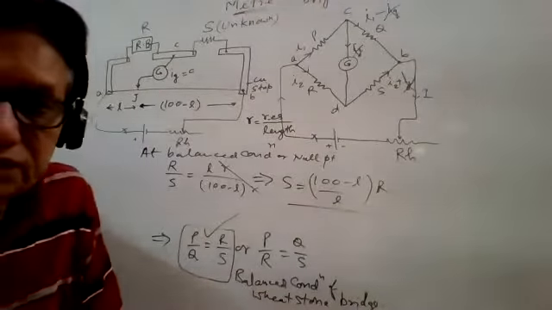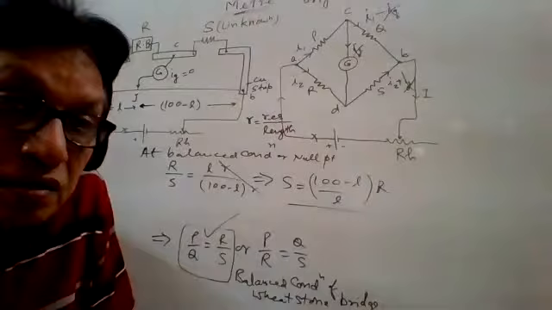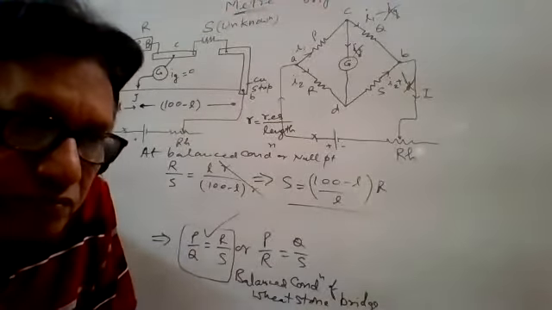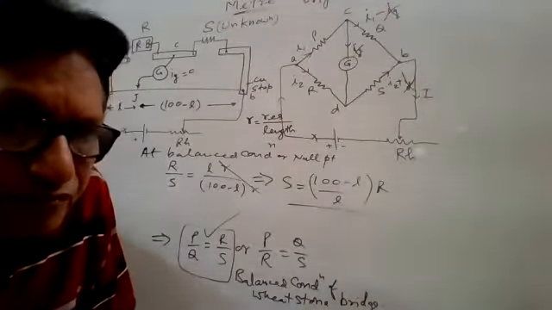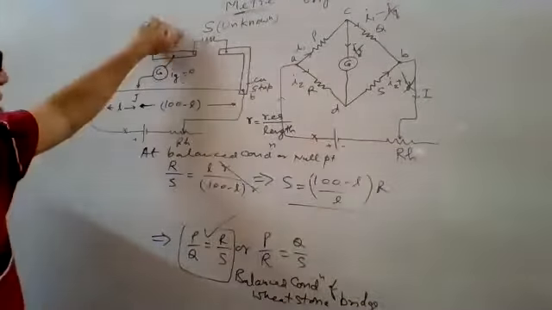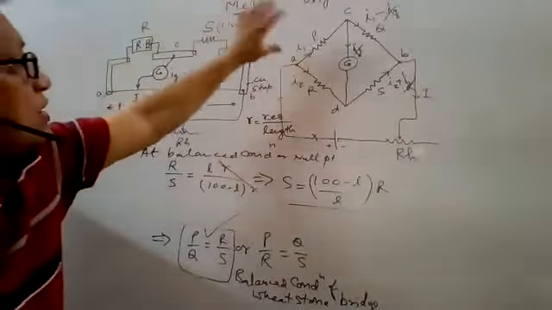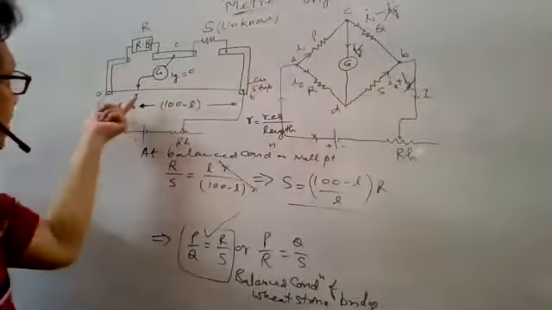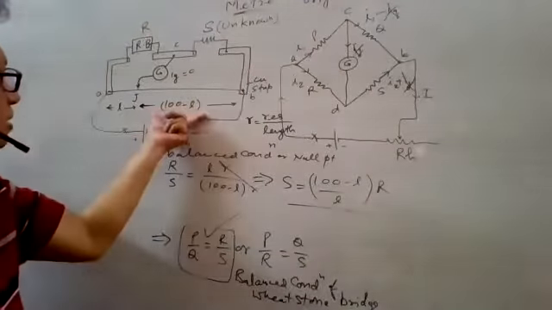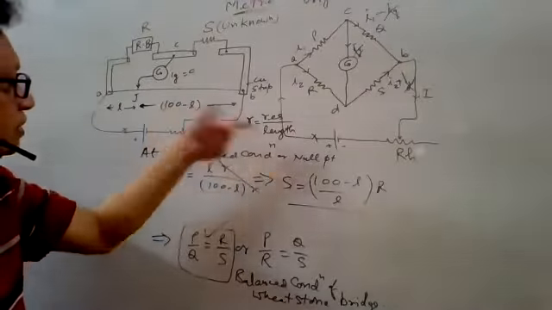Okay, now you ask: Sir, like in the previous Wheatstone bridge, there were 4 resistances. Can we also name them in this meter bridge? Yes, definitely. R is this one, S is this one, P is the AJ wire, and Q is this 100 minus L into small r.